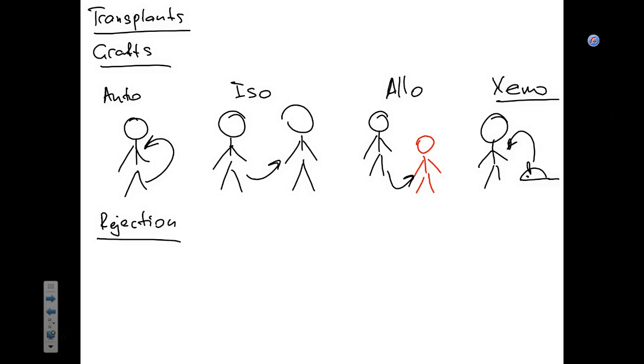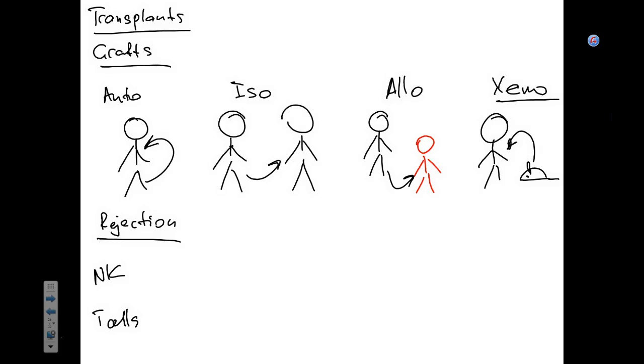So in rejection, the problem is that your immune system, for example B cells or T cells, NK cells, will not recognize the MHC. Major histocompatibility complex. I mean, they will recognize it as foreign.